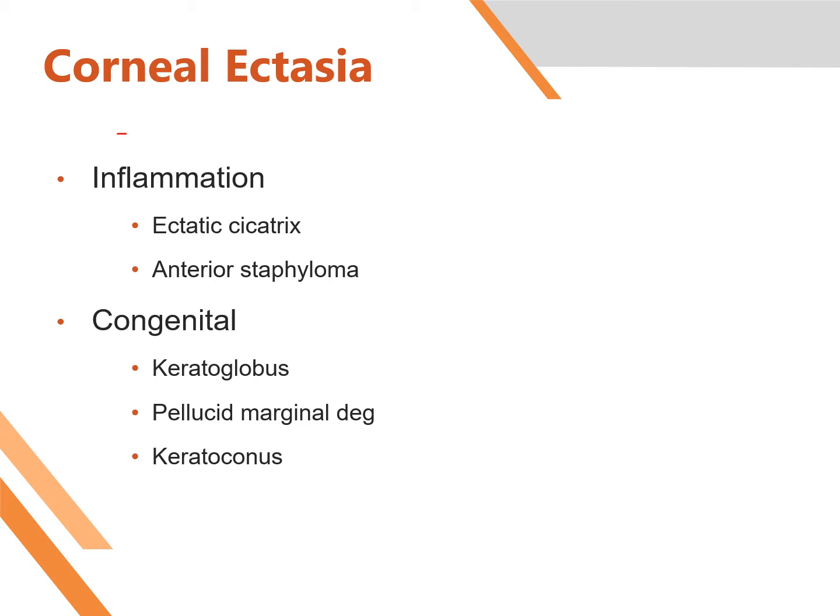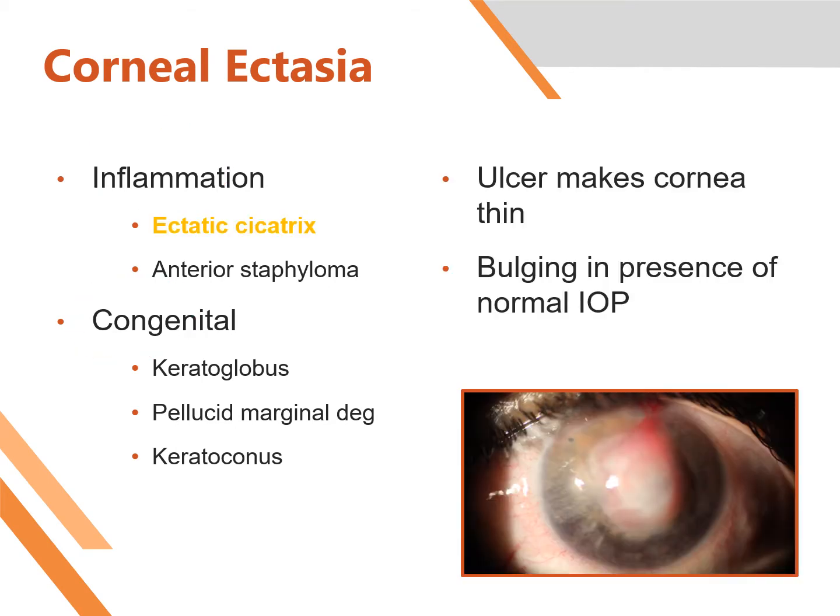First of all, how to classify corneal ectasias. Corneal ectasias can be because of inflammation or because of congenital eye diseases. Among the inflammatory ones are ectatic cicatrix, which is bulging of the cornea in spite of normal intraocular pressure, because the ulcer makes the cornea so thin that it bulges.